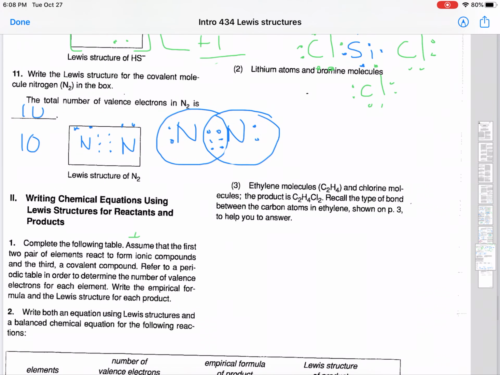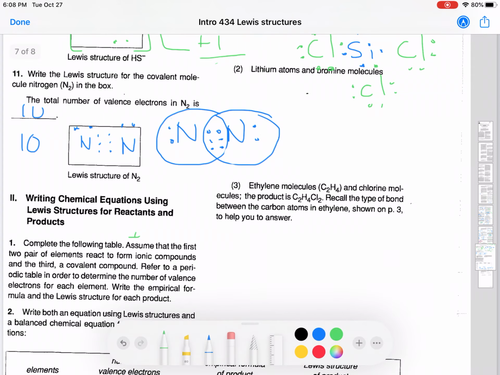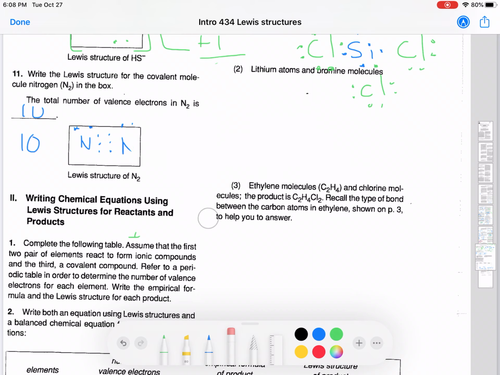Next one, lithium atoms and bromine molecules. So the lithium has 1 electron being in group 1, and then the bromine is this.